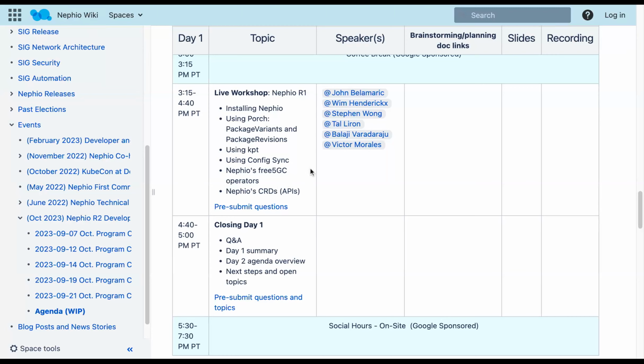ownership, and I would say that's why I'm bringing it up. I'm trying to clarify who is doing what in this section here, because for me it's not so clear. Yeah, but we can put names. I mean, obviously, Porch, and that's one we can probably also discuss in the SIG automation meeting.